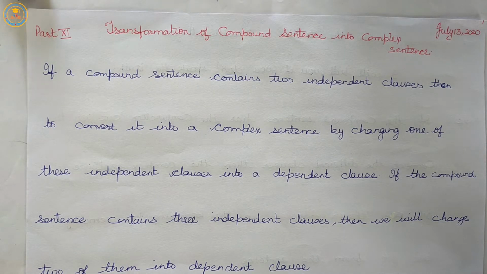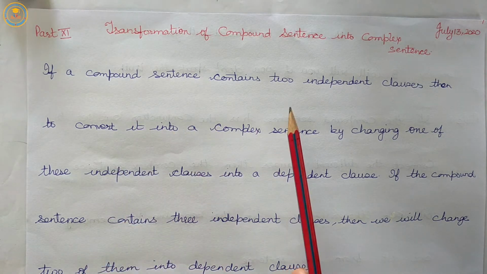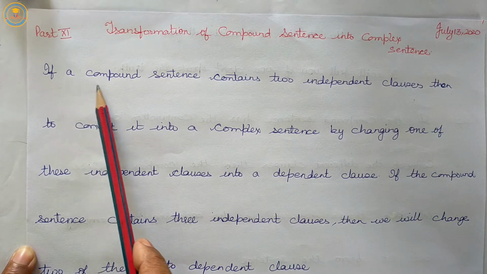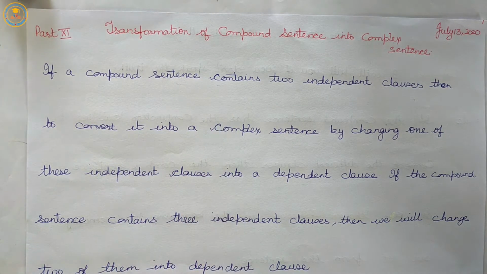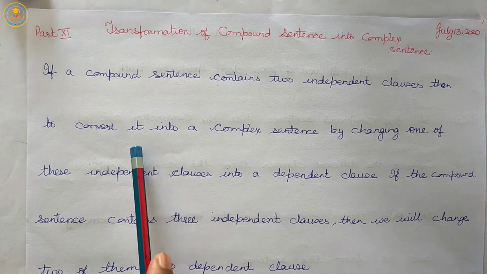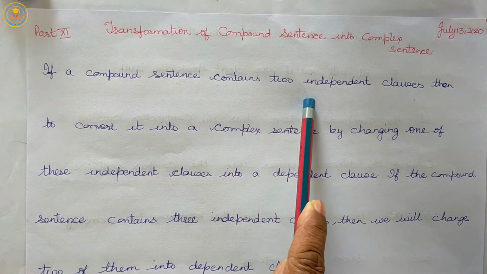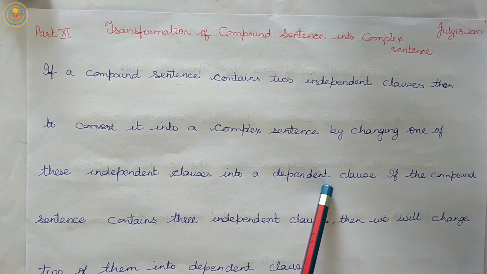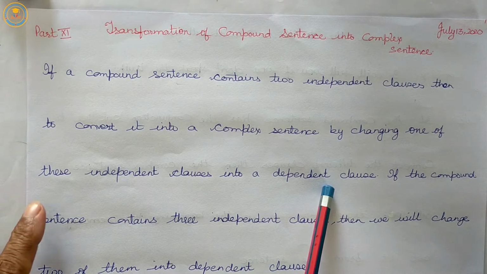So, let us begin. If a compound sentence contains two independent clauses, then to convert it into a complex sentence we will change one of these independent clauses into a dependent clause. Listen carefully.